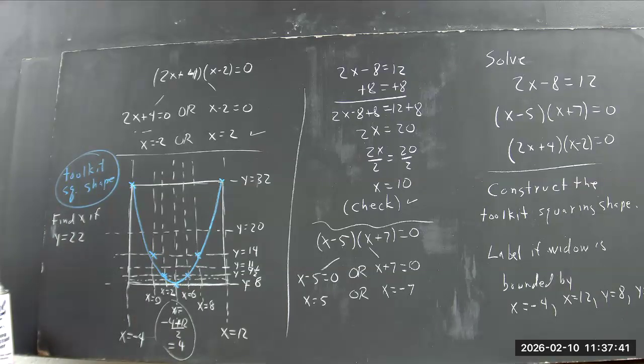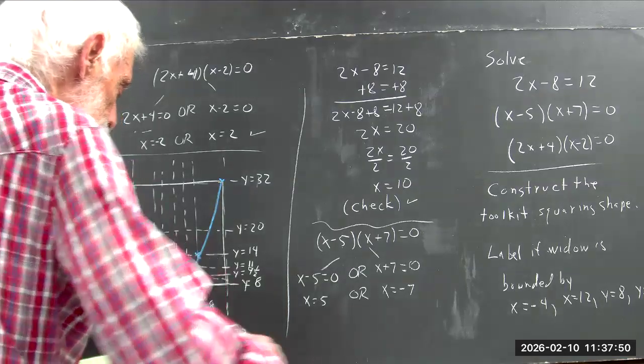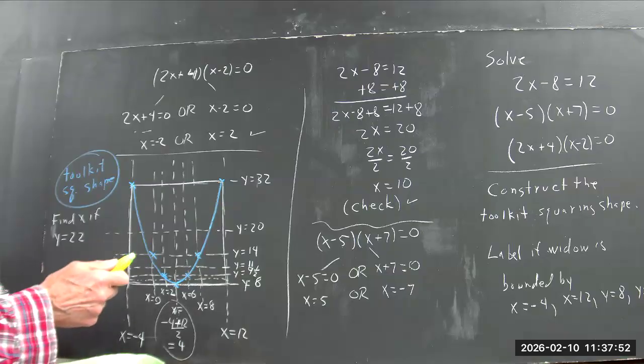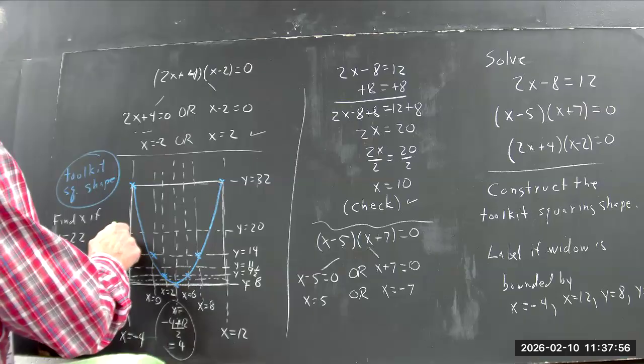How do you do that? So this might be new. I'm not sure how much of this I've done because again, I draw the line y equals 22.